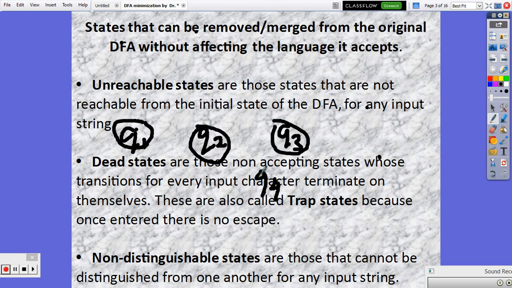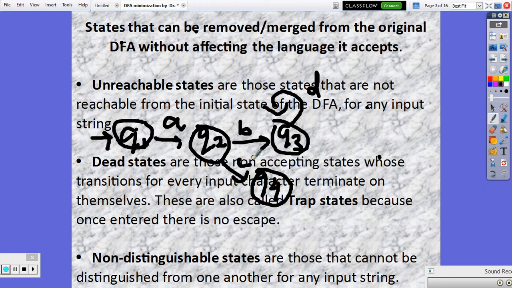We represent the states in circles. We assume that Q1 is the starting state and we have transitions like this. Let's say this is transition A, this is B, this is C, and this is D.